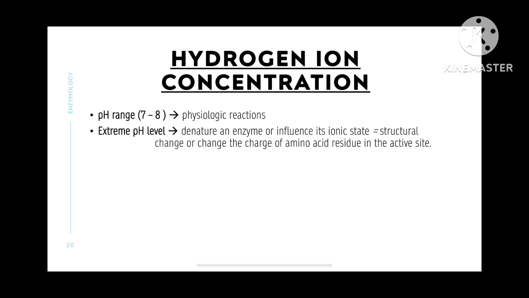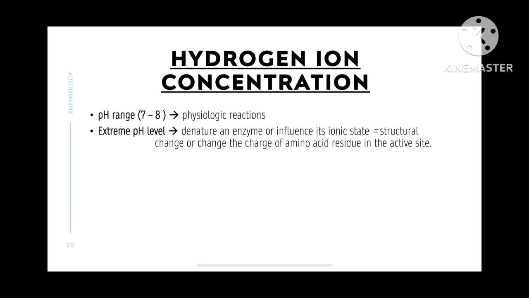Next would be pH. So enzymes are proteins, remember, that carry net molecular charges, meaning the changes in pH or hydrogen ion concentration may denature an enzyme or influence its ionic state, resulting in structural changes or a change in the charge of an amino acid residue in the active site.